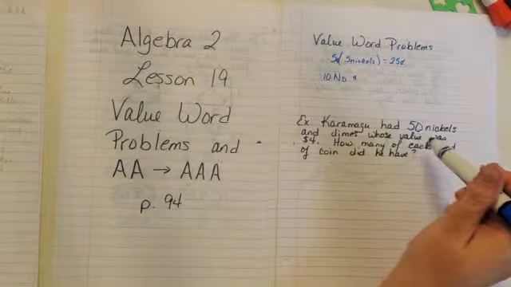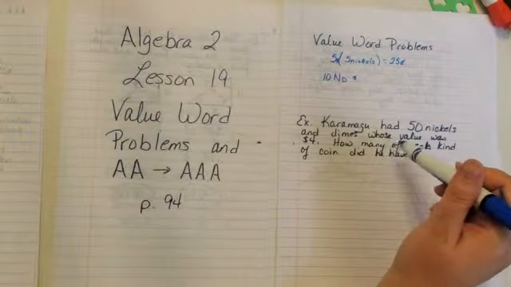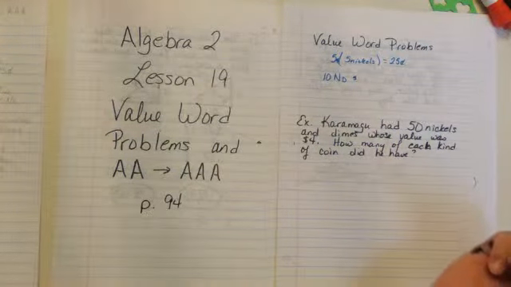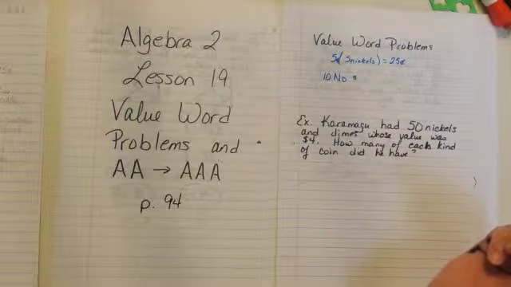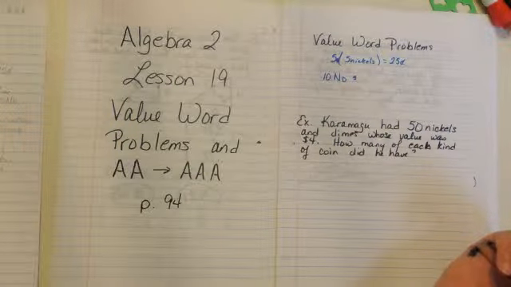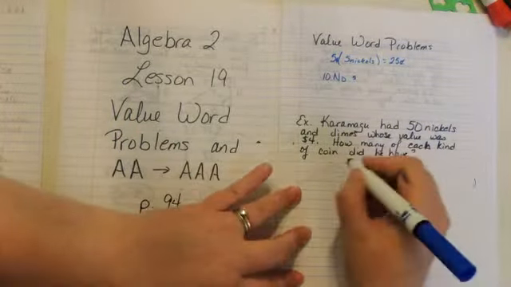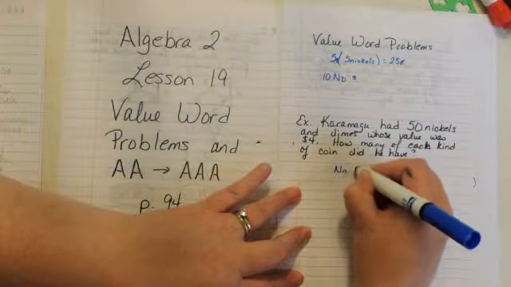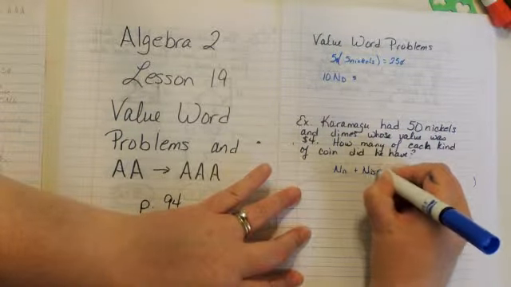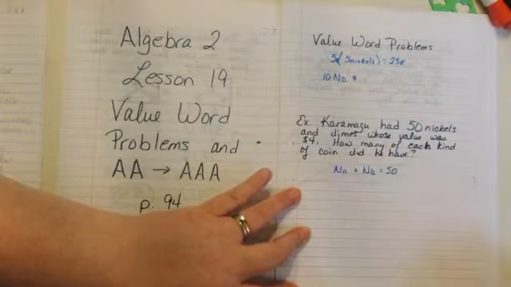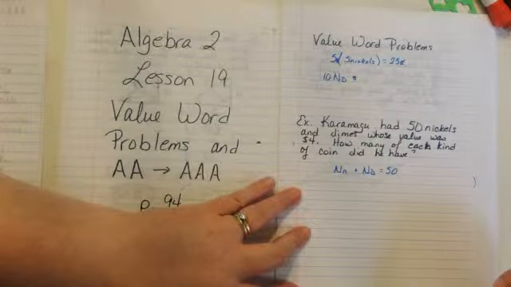Karamagoo had 50 nickels and dimes whose value was $4. How many of each kind of coin did he have? Okay, so the first thing we know is that the number of nickels plus the number of dimes equals 50. That's how many coins he had.